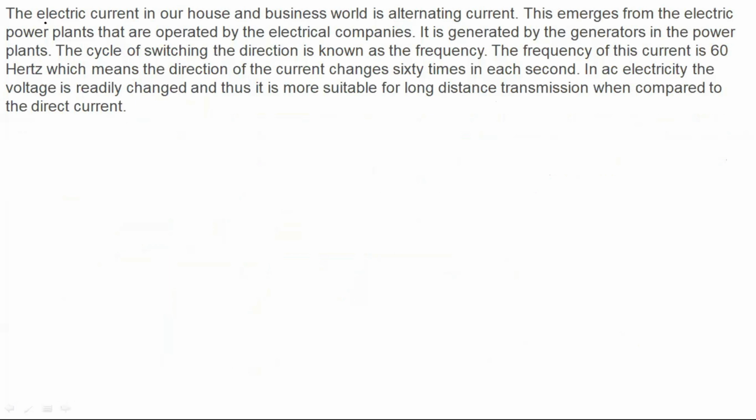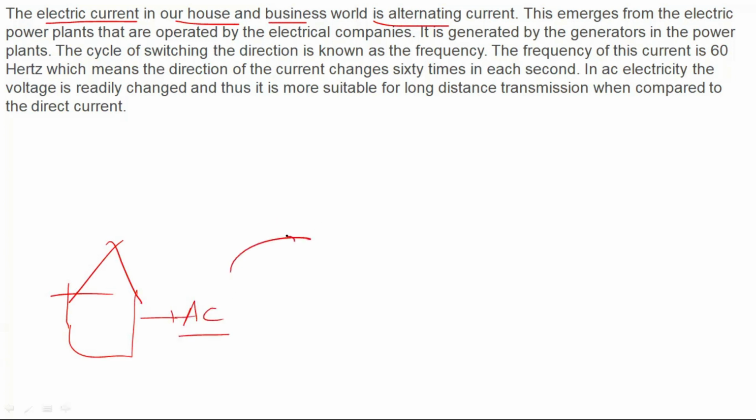The electric current in our houses and business world is alternating current. This emerges from the electric power plants operated by electrical companies. It is generated by the generators in the power plants. The cycle of switching the direction is known as the frequency.